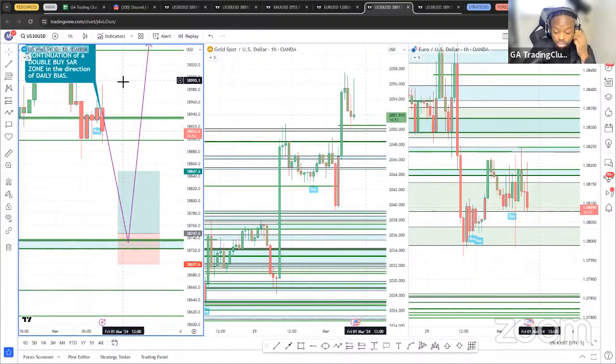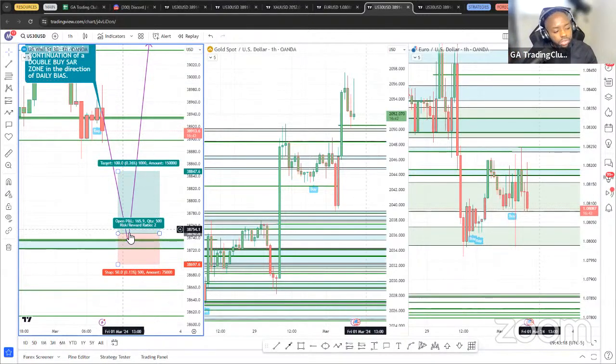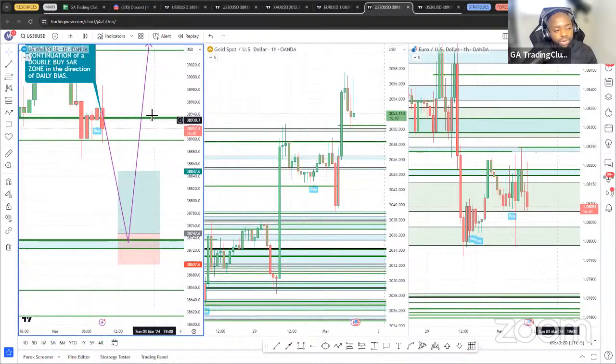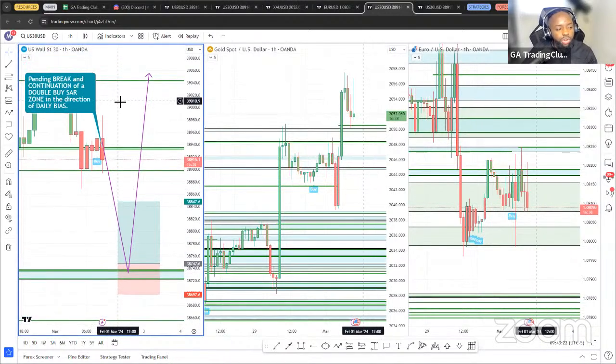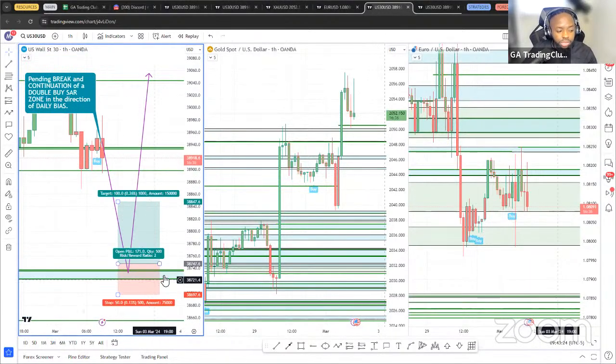So within these psychological levels, you either expect price to be manipulated either 250 points above or 250 points below before any retracement. So this demand zone here is around that 250-point manipulation away from 39,000. So it's around the 38,750 area.